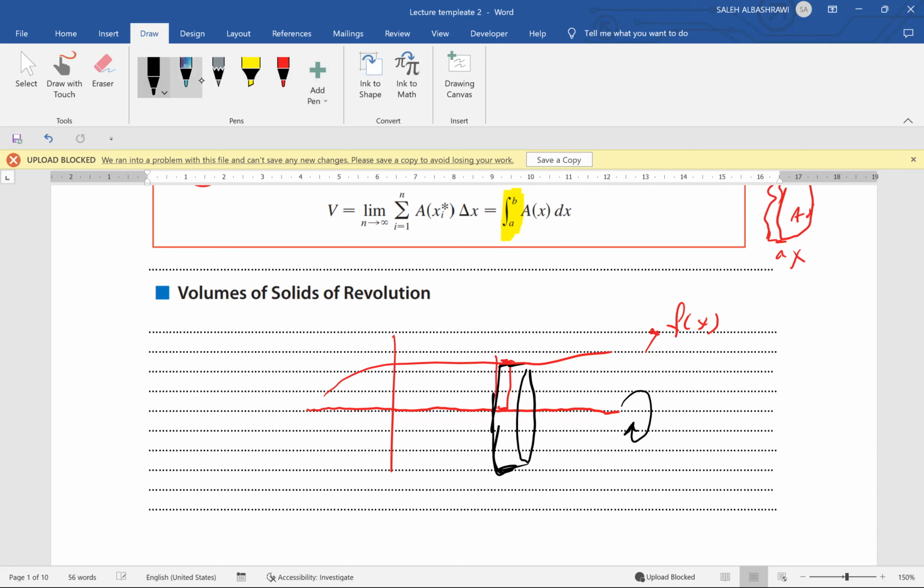If we just rotate this part, it will be a cylindrical shape. The volume of the cylinder will be the height, delta x, multiplied by the area. Now, if we integrate this from A to B, we'll have the volume of the solid that is revolved or rotated about the x-axis. We'll have a shape like this.